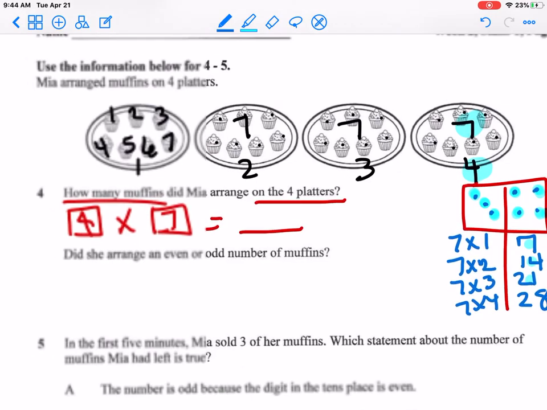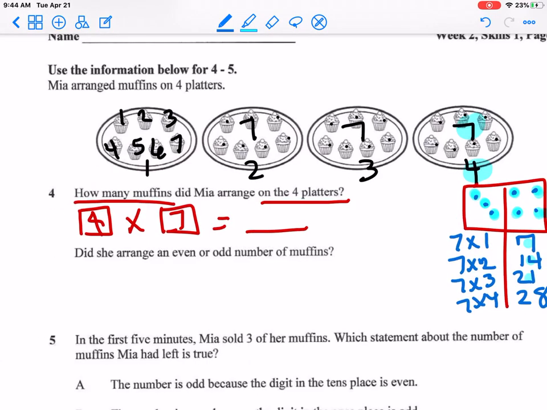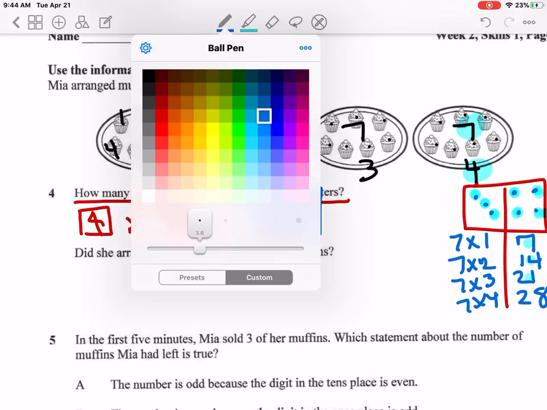So how many muffins did Mia arrange on 4 platters? 28 muffins on the 4 platters. Did she arrange an even or odd number of muffins? How do I know which numbers are odd? How do I know which numbers are even?